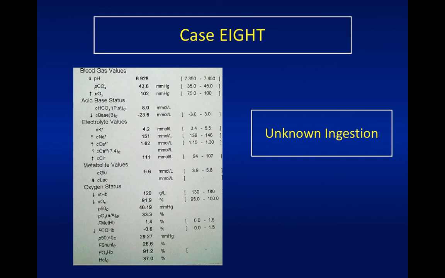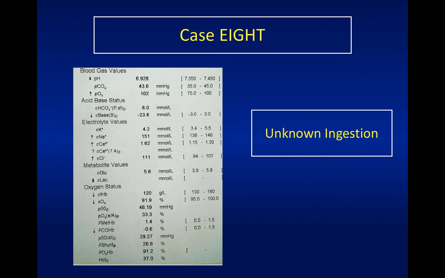The anion gap, sodium 151 minus the sum of chloride 111 and bicarb 8, 119, is very high at about 32. I think there's an indication that the concentration of lactate is extremely high, with arrows going up. It hasn't actually measured anything, so I don't know what that means.